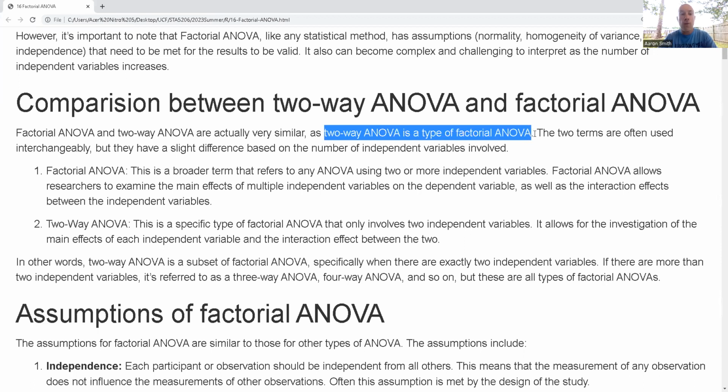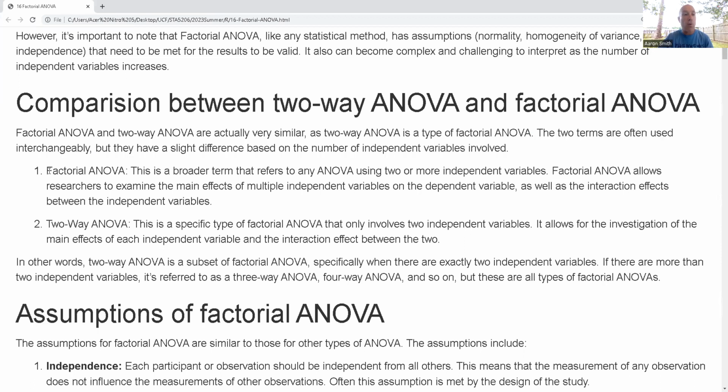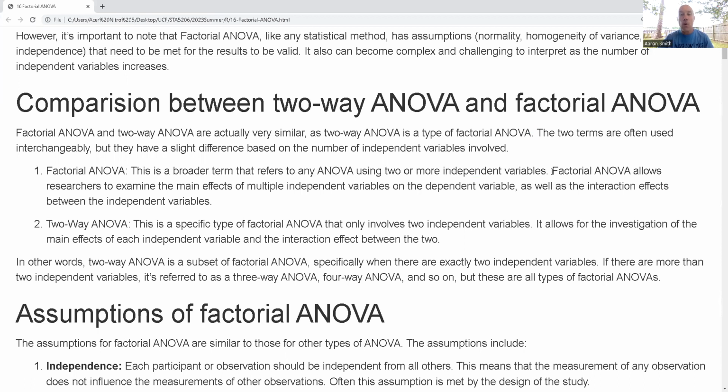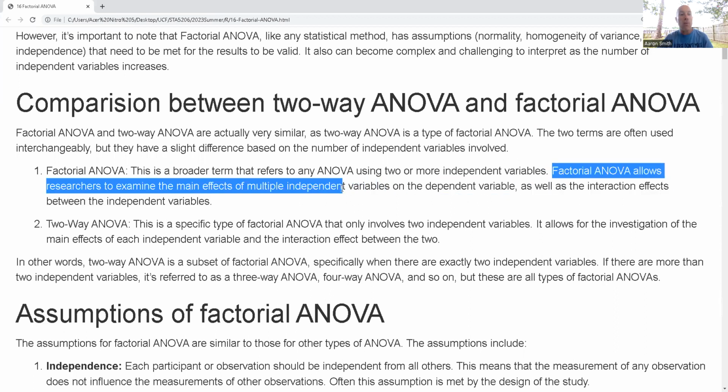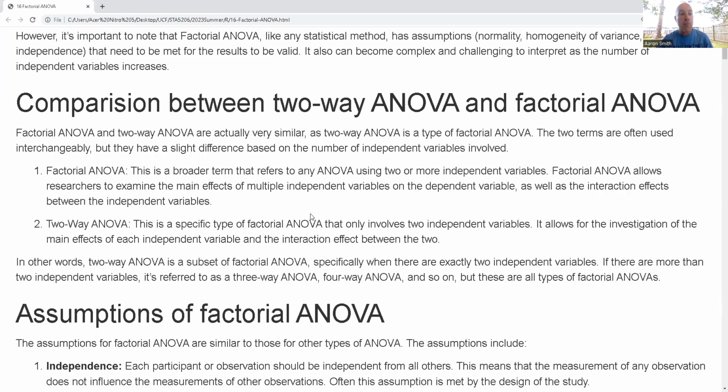The two terms are often used interchangeably, but they have a slight difference based on the number of independent variables involved. So factorial ANOVA is a broader term that refers to any ANOVA using two or more independent variables. Factorial ANOVA allows researchers to examine the main effects of multiple independent variables on that response variable, as well as the interaction effects between independent variables.